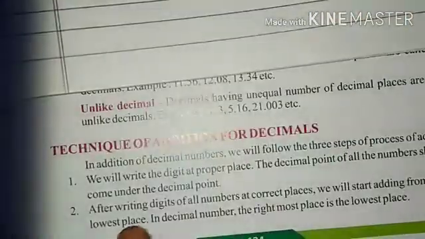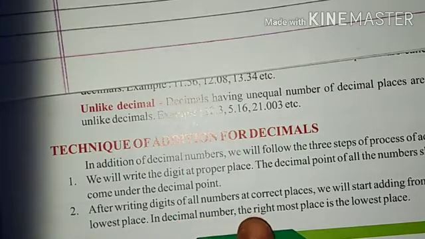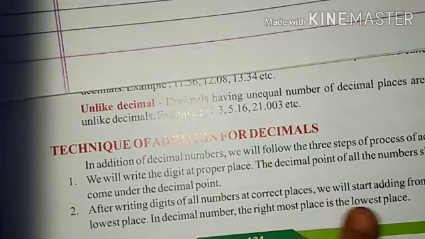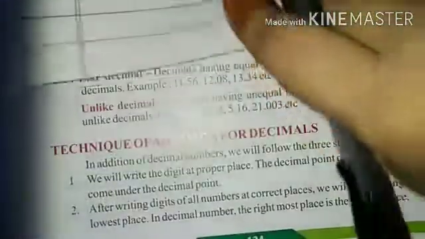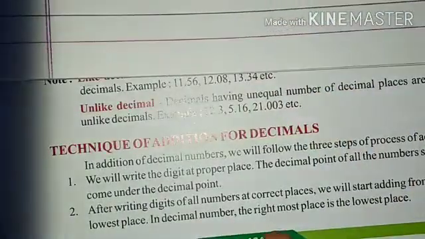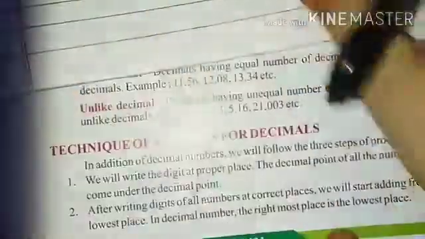After writing the digits of all the numbers at the correct place, we will start adding from the lowest place. We will always start from the right hand side. In decimal numbers, the rightmost place is the lowest place.